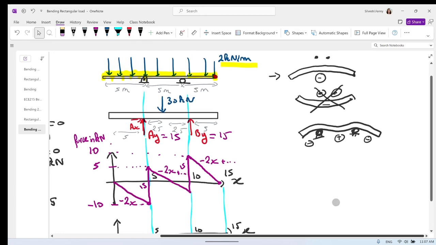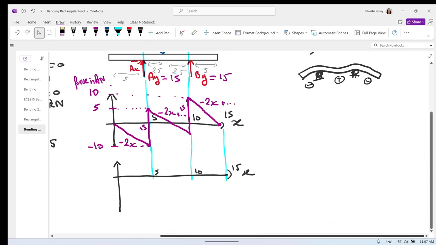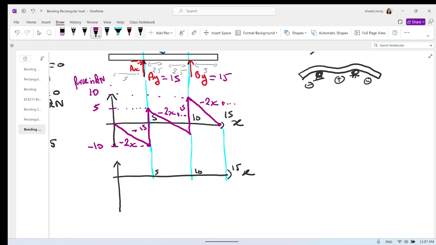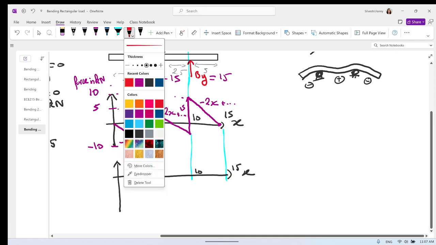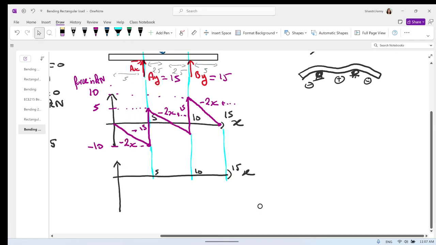So let's look at this one. We have a negative shearing force. So if it's negative, I will use another color, the bending moment has to decrease. If the slope of the shearing force is -2x, this one will be the integral. That will be -2x squared divided by 2, so -x squared.